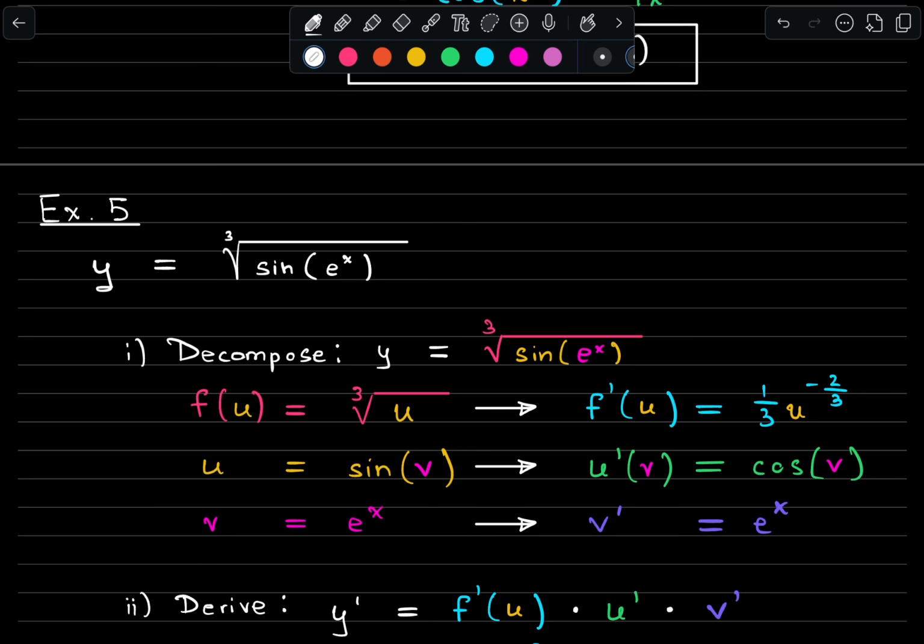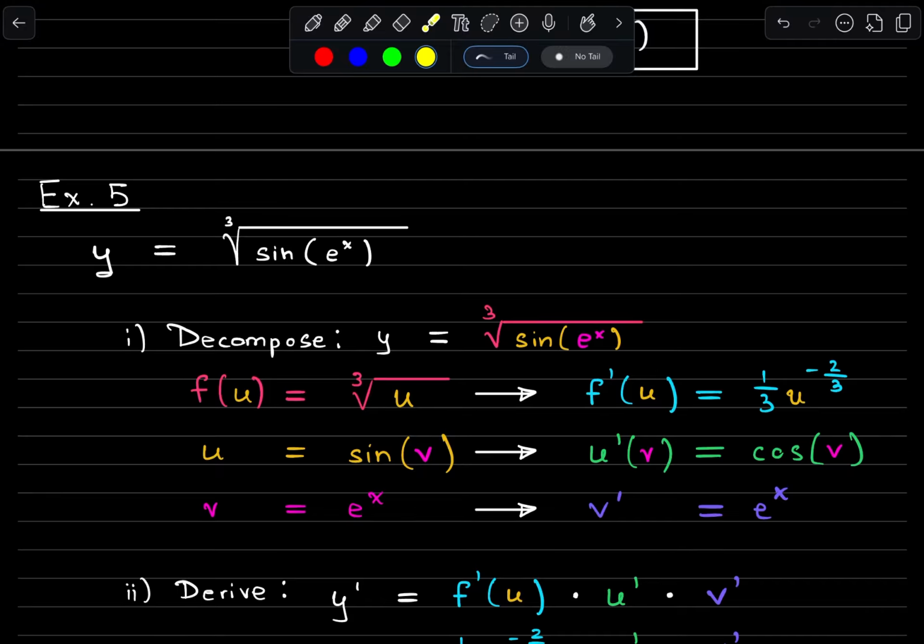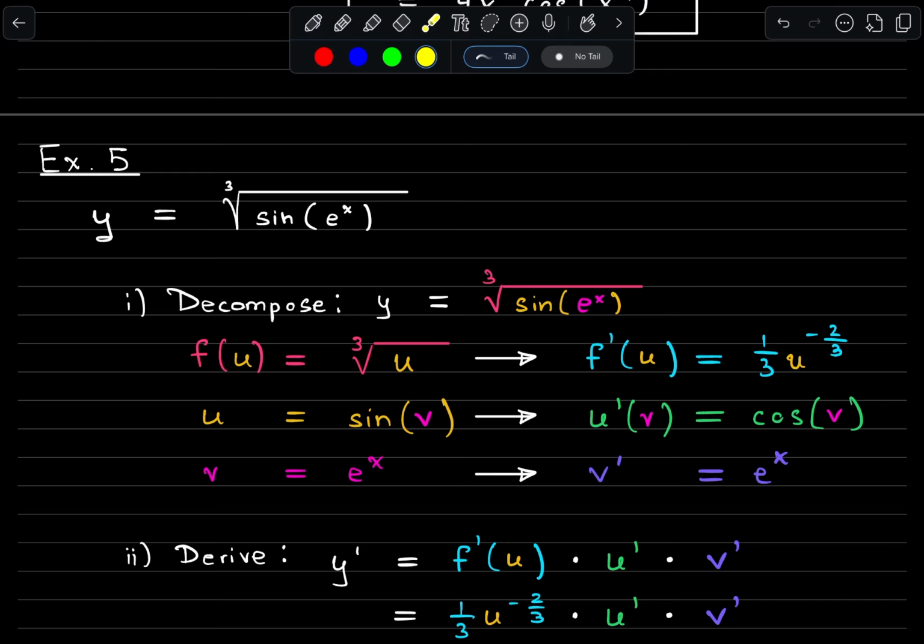Same idea. So we're leaving v in there as it was. We're not changing that. And then times v prime. So now all I'm doing is putting f prime of u in terms of u. So I've got 1/3 u to -2/3. Leave these two the same for a second.